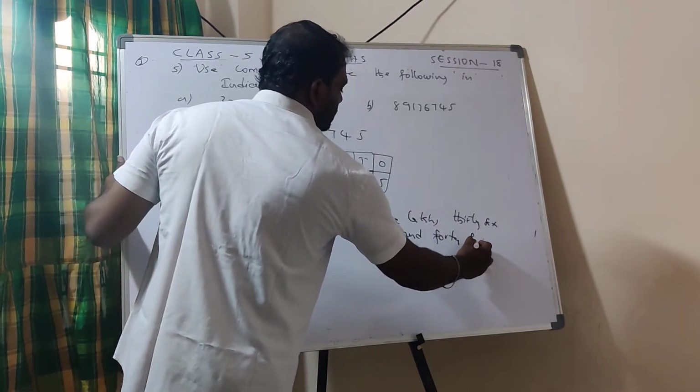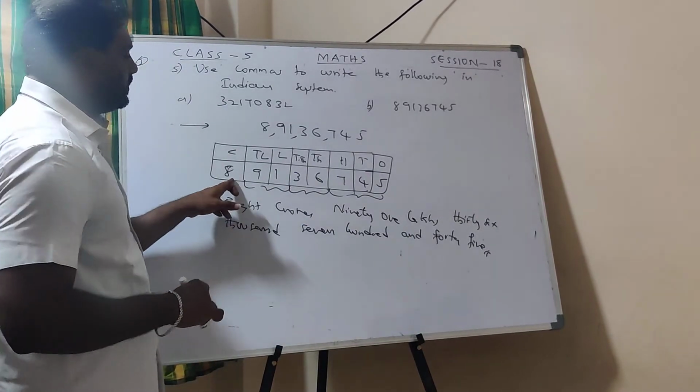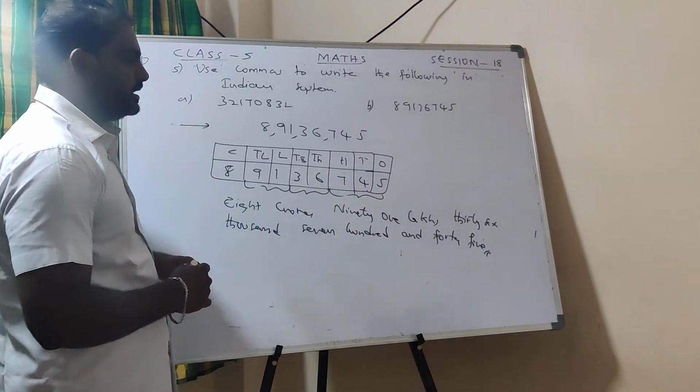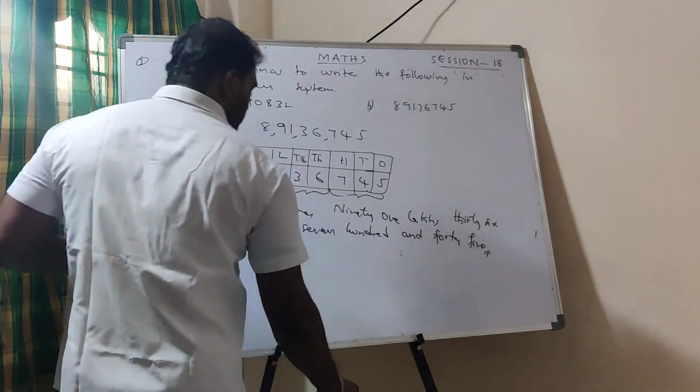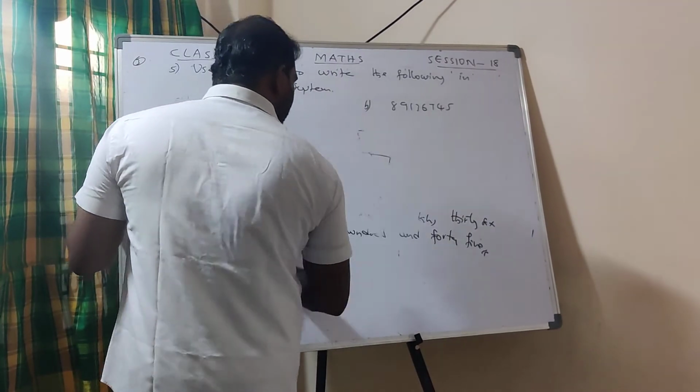This is the way to write. Okay. So 8 crores, 91 lakhs, 36,745.